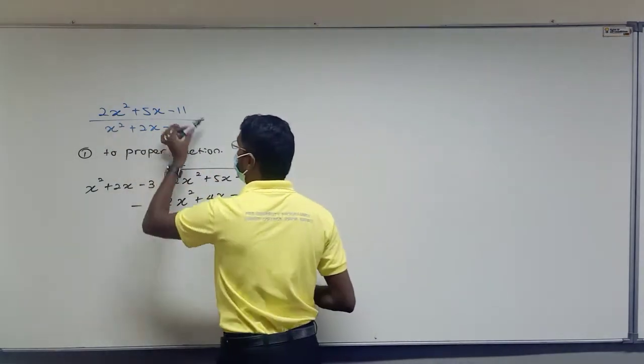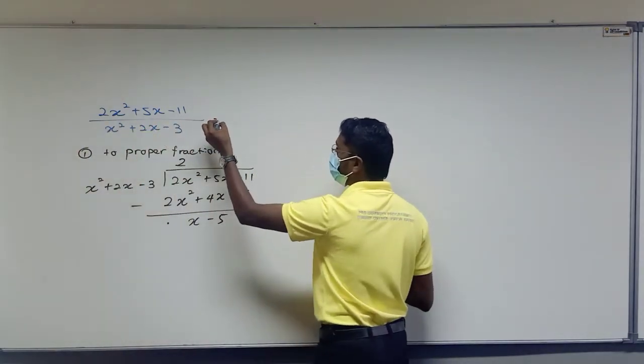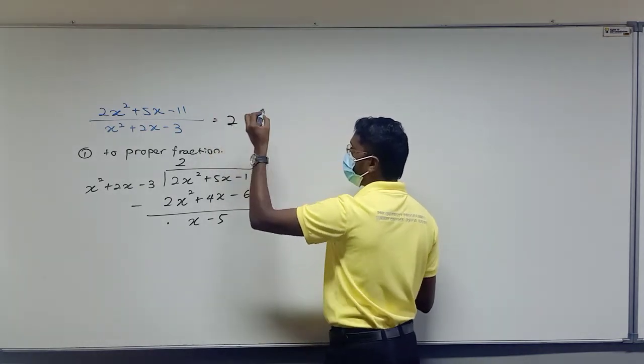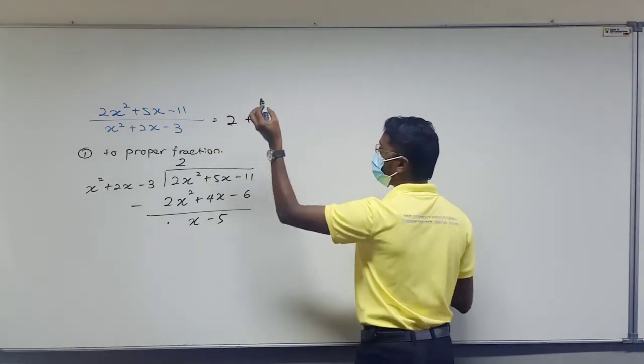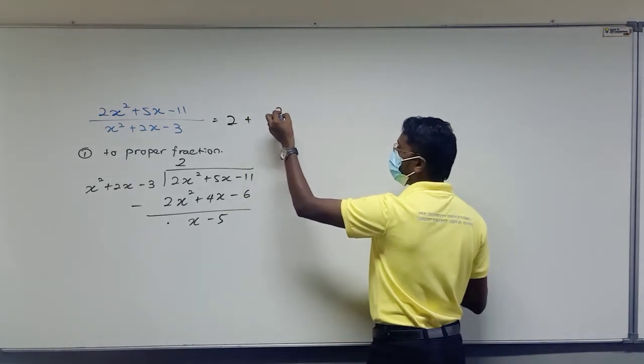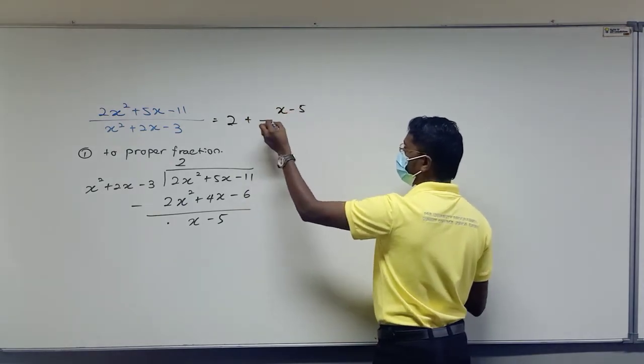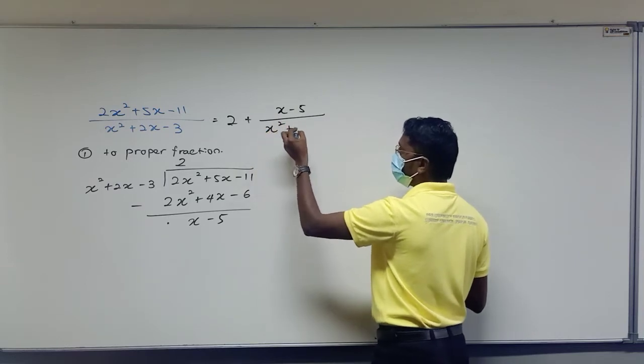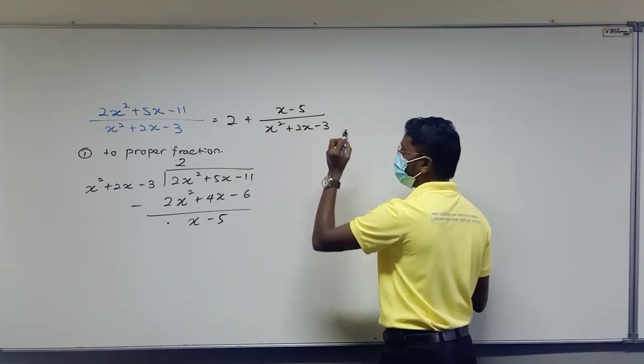So this expression I can represent as 2 plus x minus 5 over x squared plus 2x minus 3.